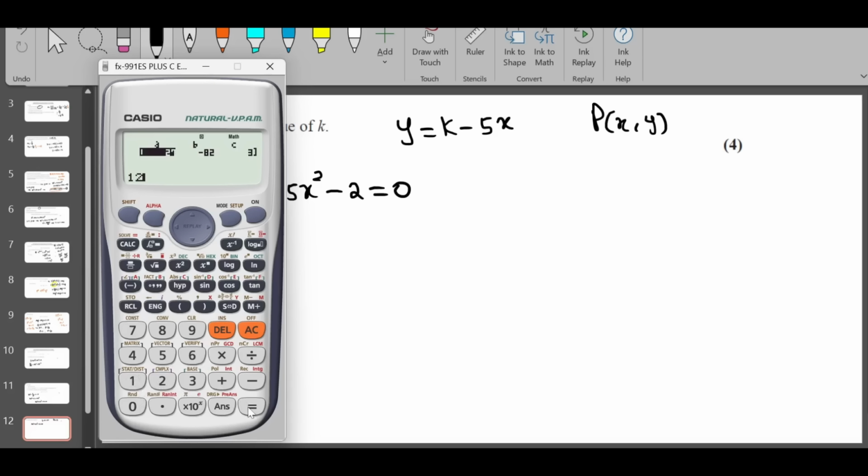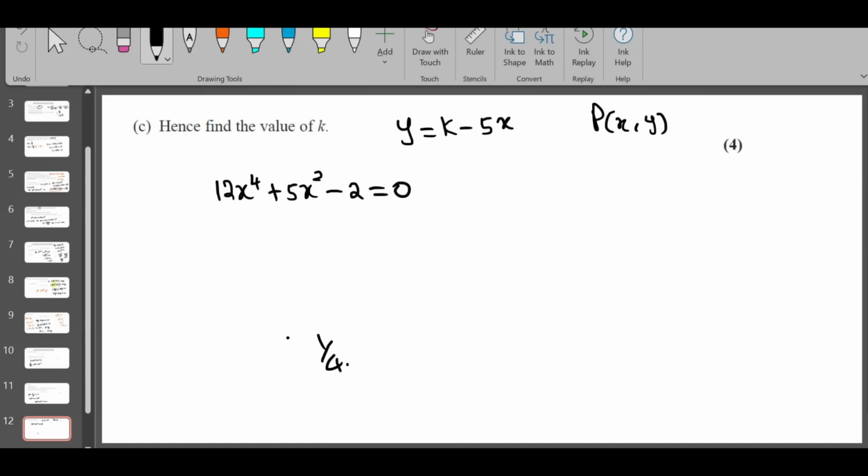Okay. What I'm going to do first here, I'm going to take p as x square. So p square would be x power 4. So we are going to reduce this to a quadratic.